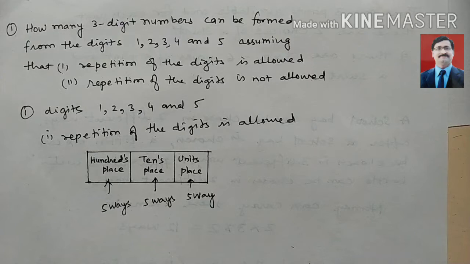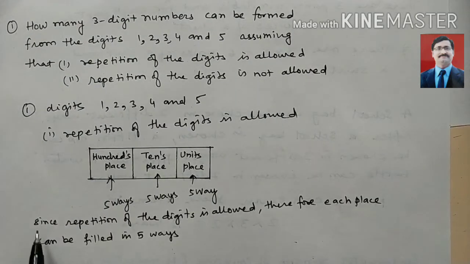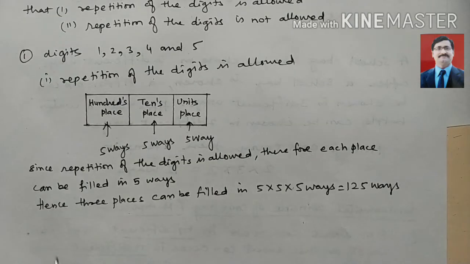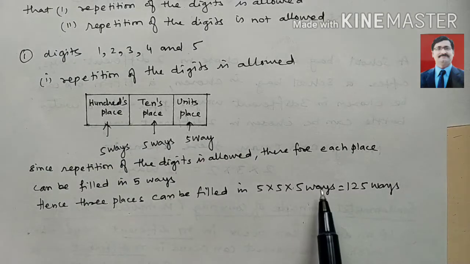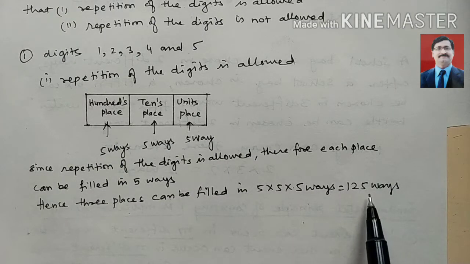So here we can write, since repetition of the digits is allowed, therefore each place can be filled in 5 ways. So you can see this 5 way we have here. Hence 3 places can be filled in 5 into 5 into 5, means total we have 125 ways.